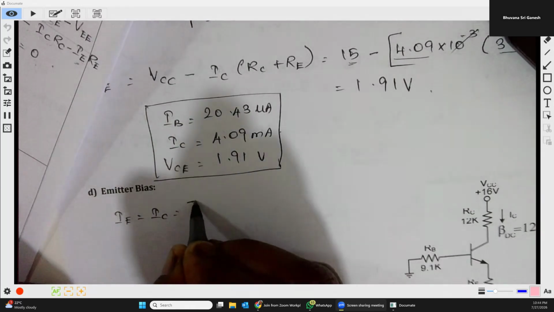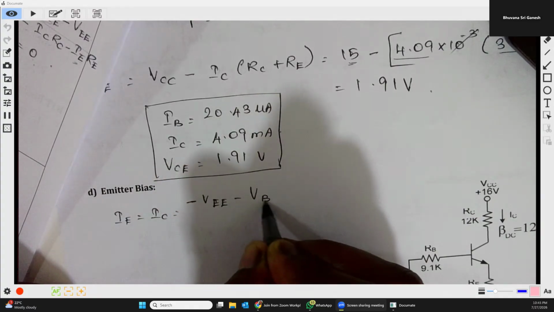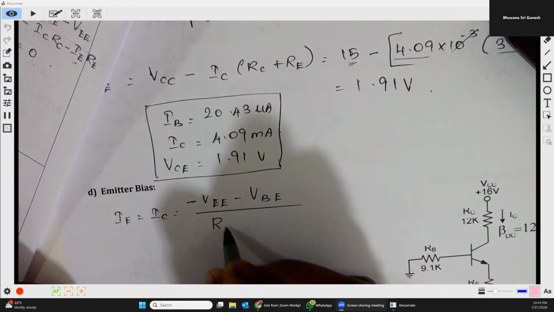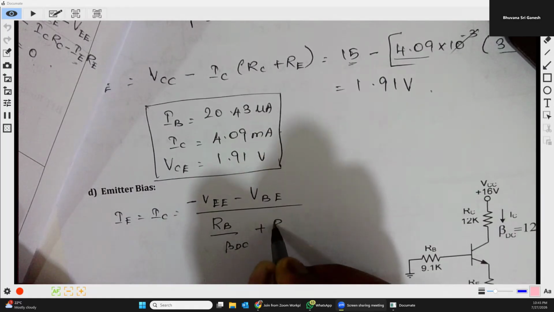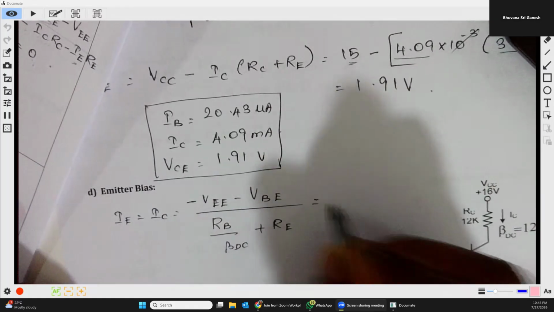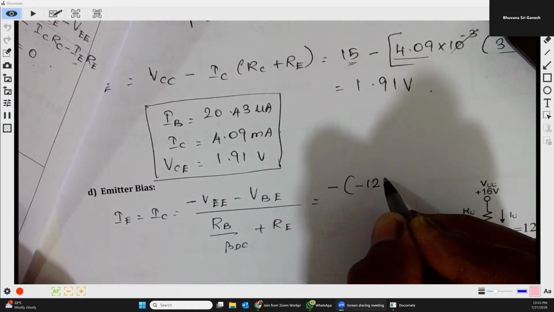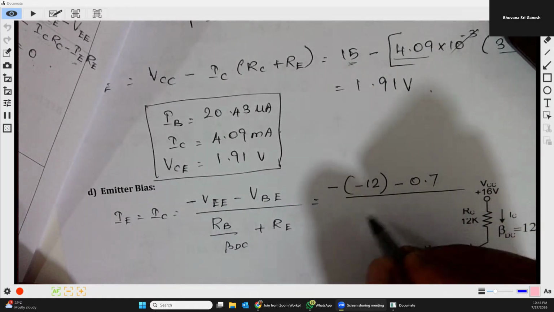Okay, now first thing is IE or IC equals minus VEE minus VBE over RB over beta DC plus RE. Now minus VEE is what? Minus of minus 12. Minus VBE is what? 0.7 divided by RB is what?